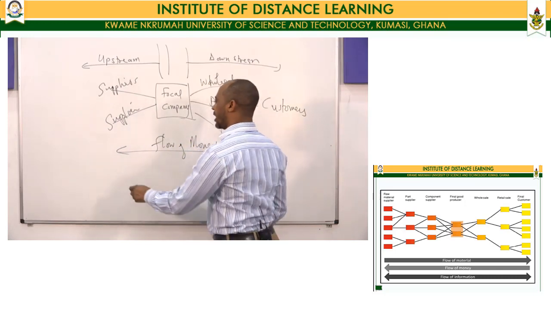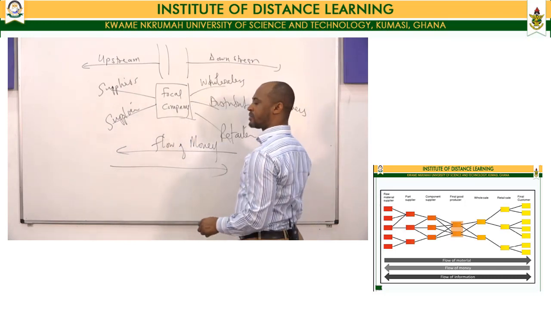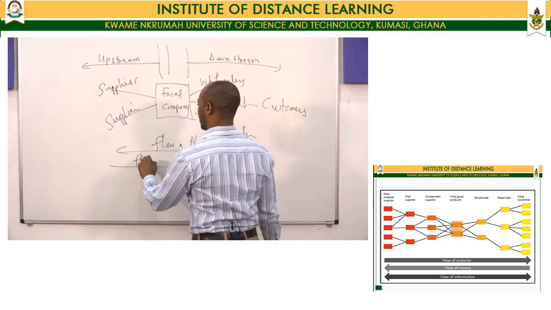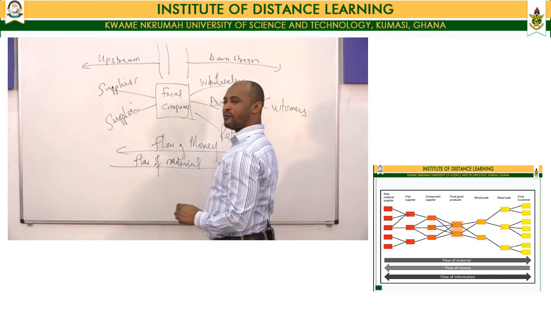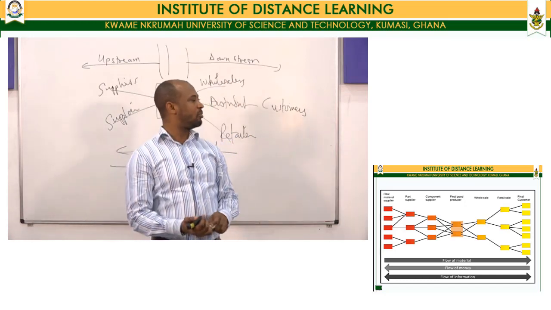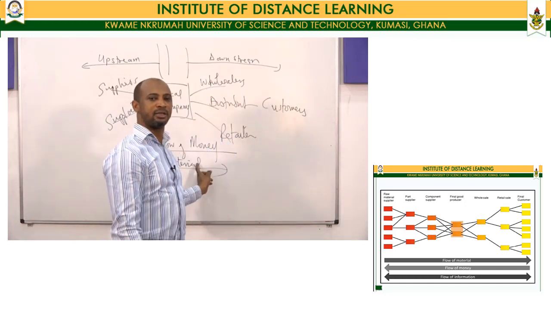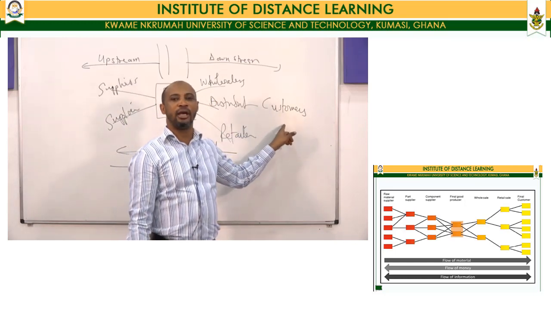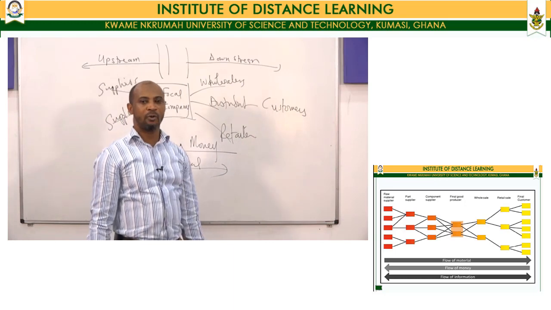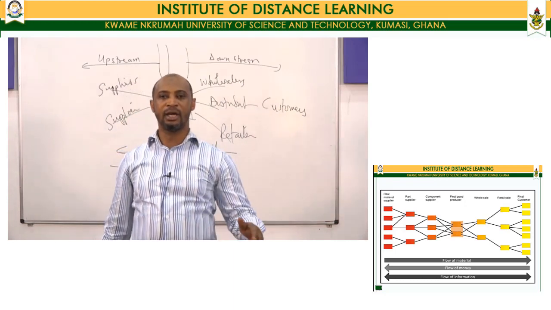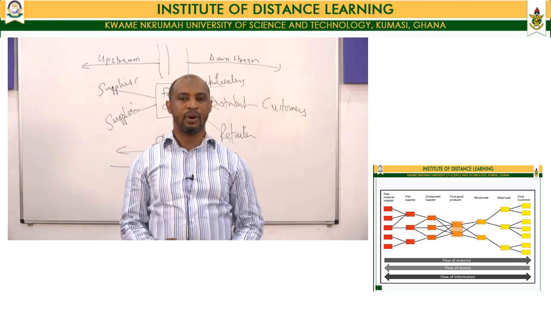Flow of material is usually from upstream. Because don't forget, as soon as somebody who is a customer provides a material, he ceases to be in the downstream, he moves to upstream. That's why we are saying that flow of material is mainly from upstream.